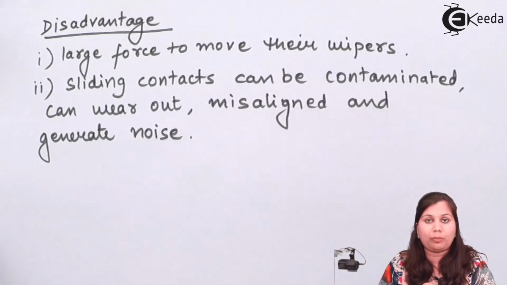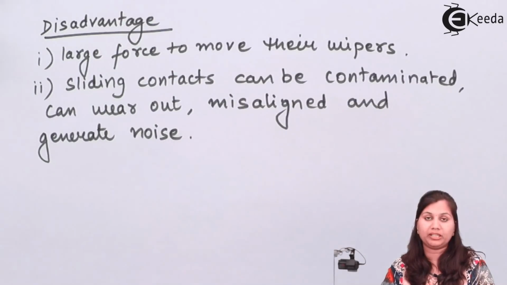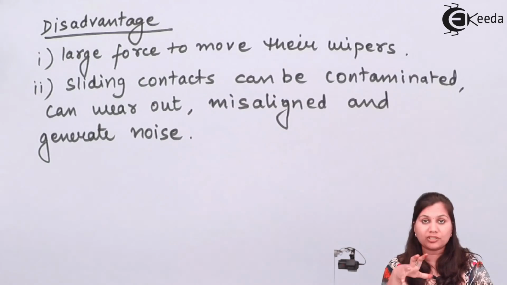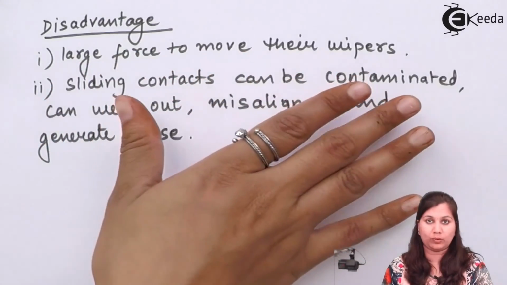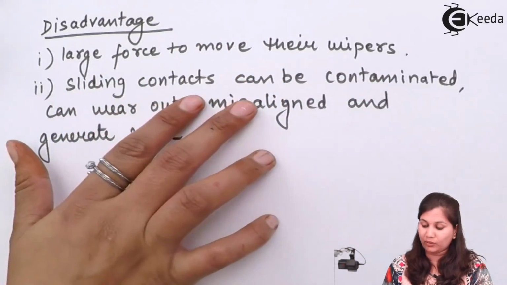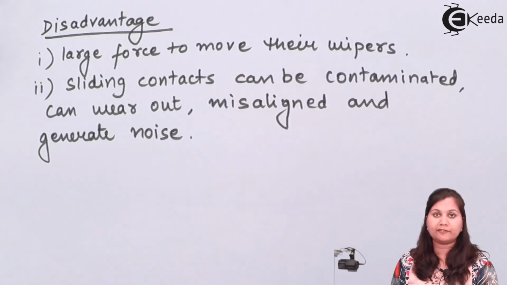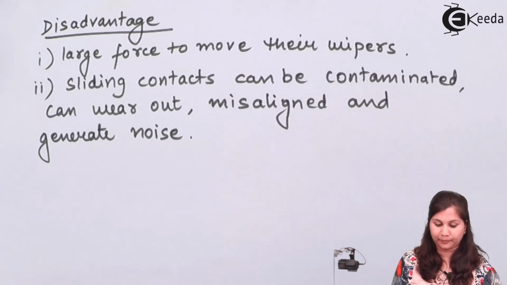So the main disadvantage of these resistive transducers in the case of linear potentiometers is that for the sliding contact or the wiper, a very large force is required to move it, and also these sliding contacts can be contaminated, they can wear out, they become misaligned, and they can generate noise. So these are the disadvantages linked with the resistive potentiometers.